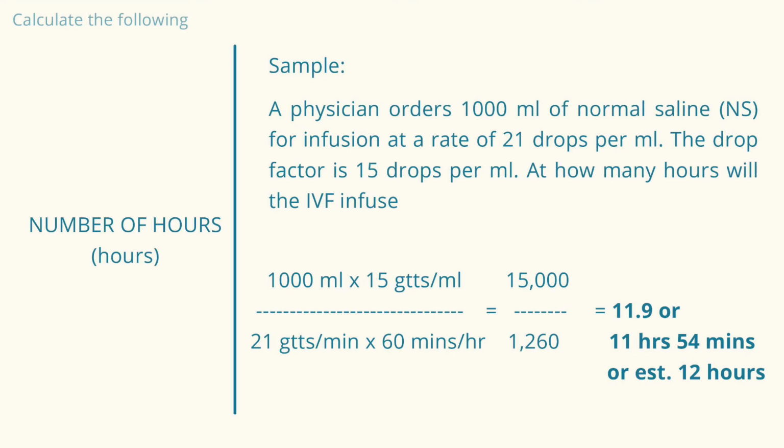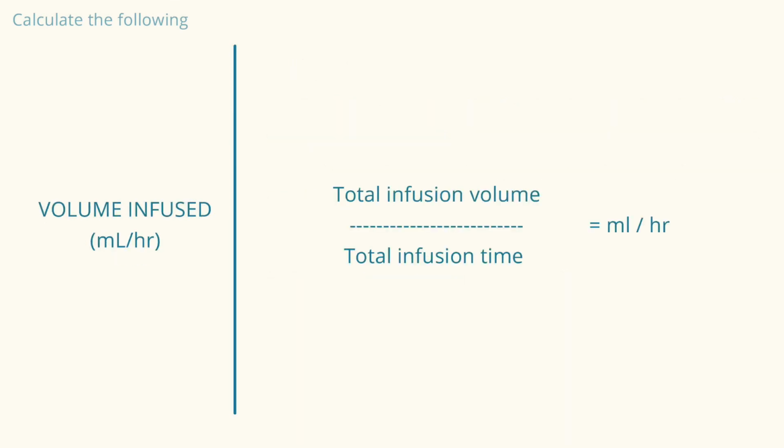So, you need to divide 1000 ml times 15 drops per ml over 21 drops per minute times 60 minutes per hour. So it would be 15,000 over 1,260, and it is equal to 11.9 or 11 hours and 54 minutes or 12 hours. And for the calculation of volume infused, it would be total infusion volume over total infusion time, and the unit would be ml per hour.